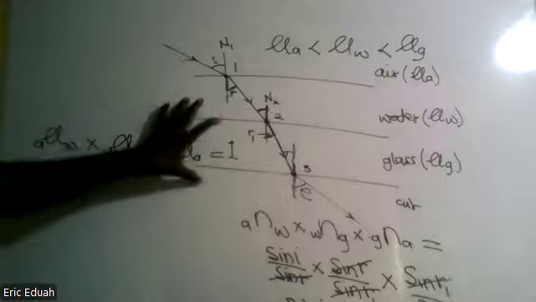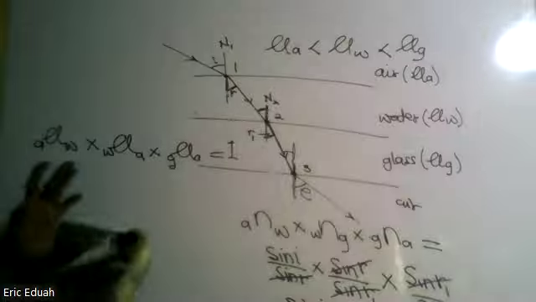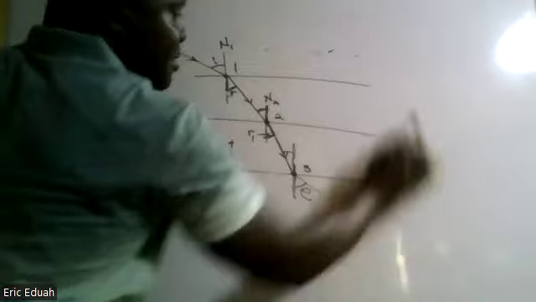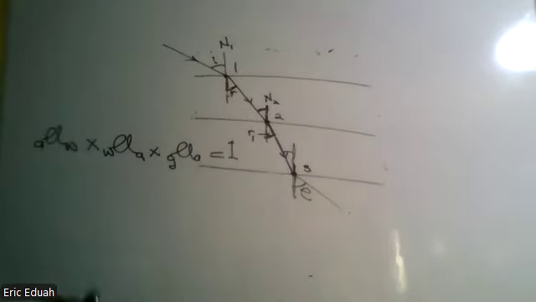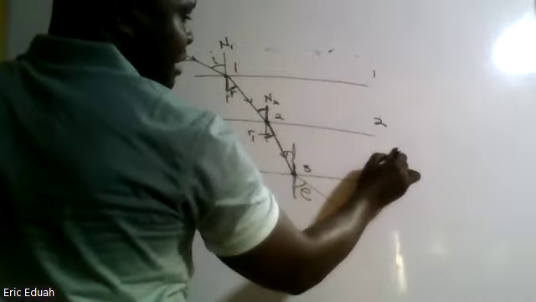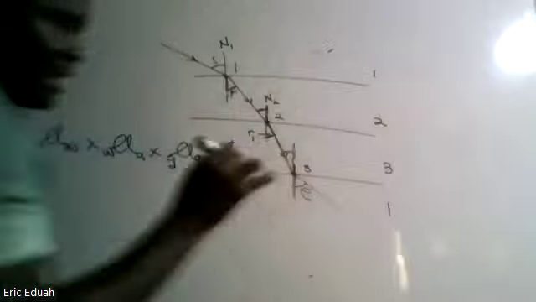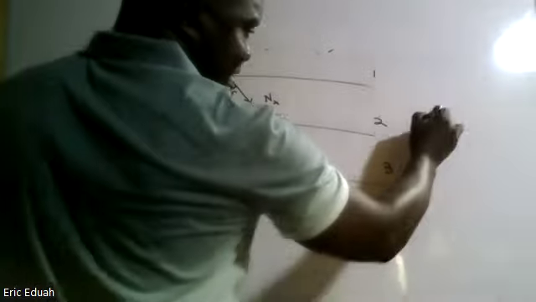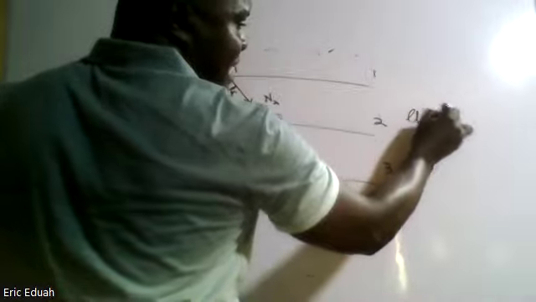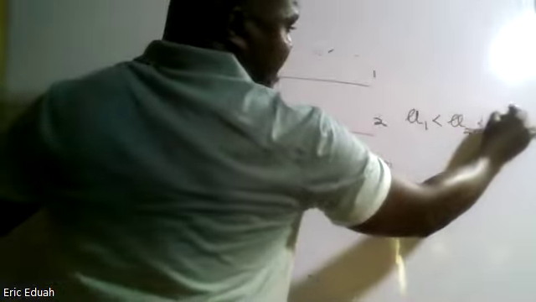Is that okay? Yes, sir. So let's label the materials with numbers, 1, 2, 3, but it should follow a certain order. This is material 1, material 2, material 3. But don't forget the order must be that the refractive index of 1 is less than that of 2, which must also be less than that of 3.